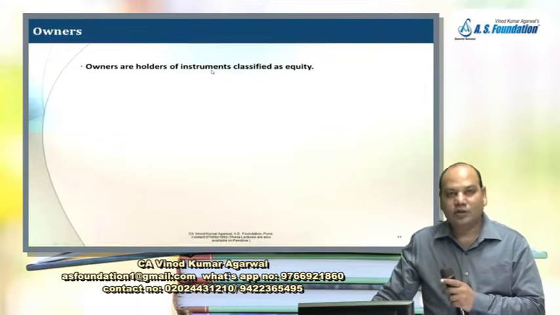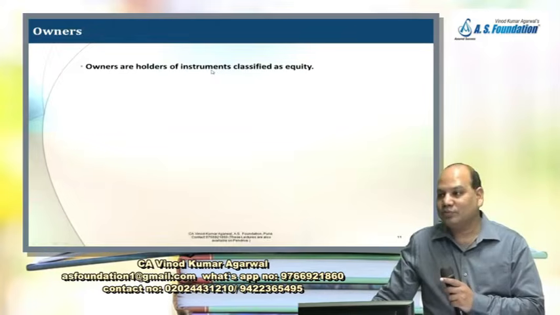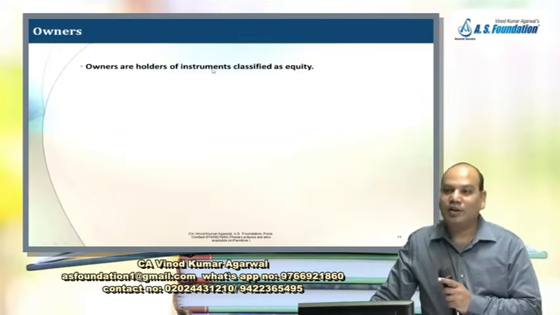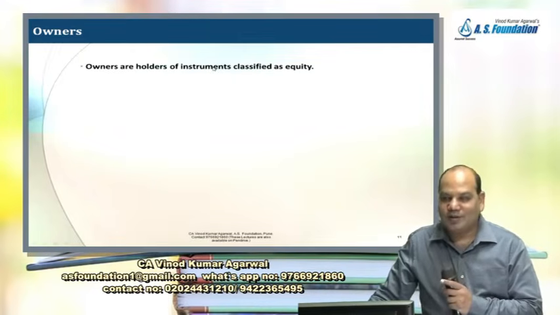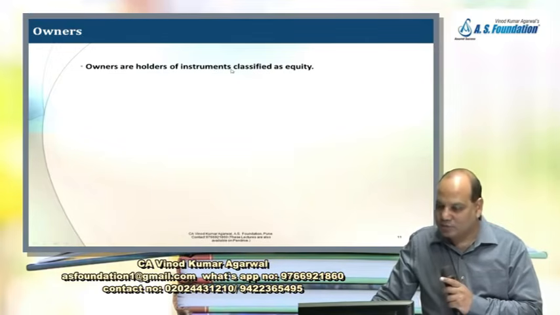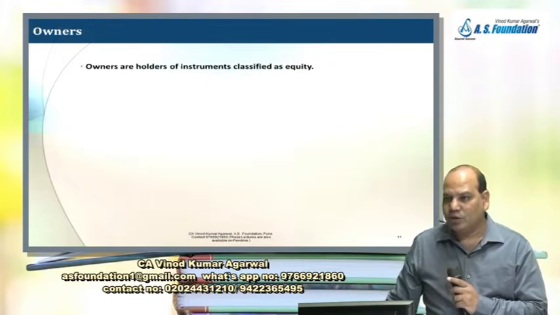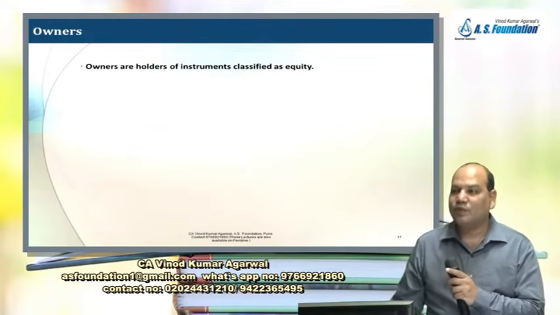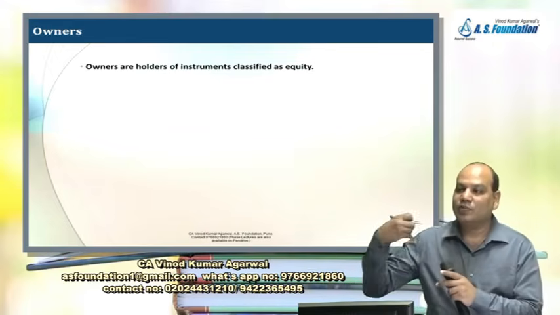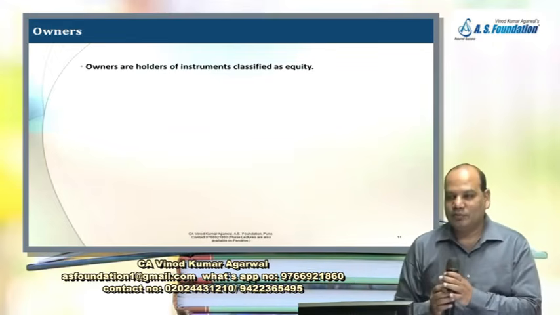In fact, nowadays the size of the notes is many times more than your balance sheet, P&L account, cash flow statement, etc. Okay. Because most of the disclosures go in notes. Almost every standard which has recognition and measurement principle will also have a disclosure paragraph. If you don't have a separate disclosure paragraph, there is a separate standard on disclosure.